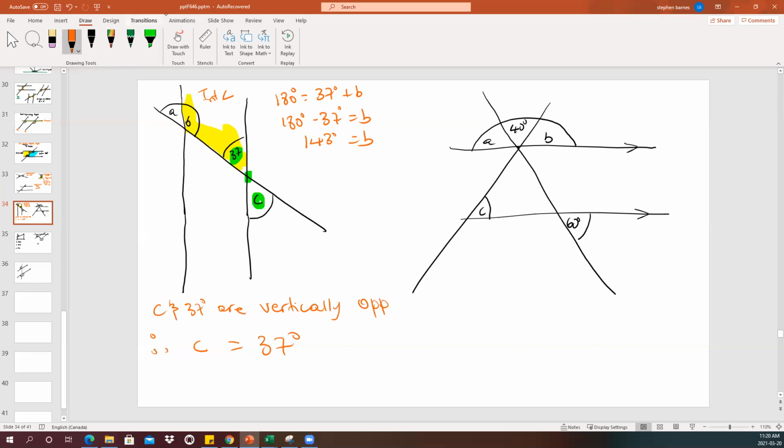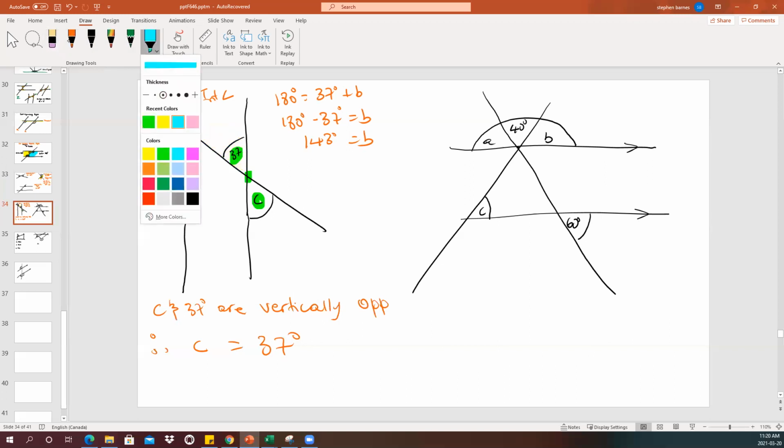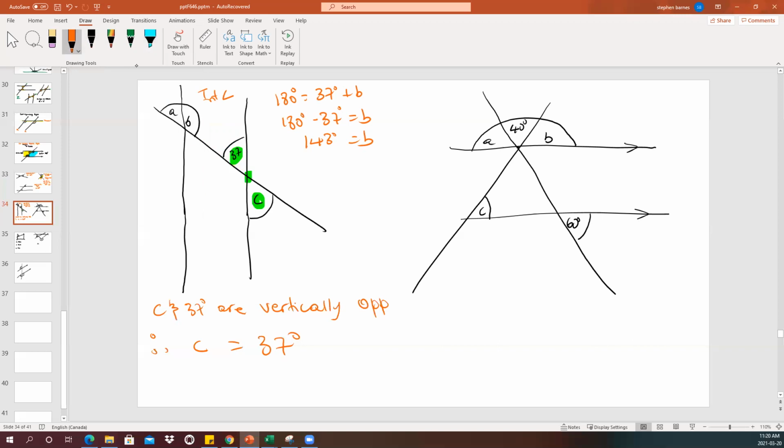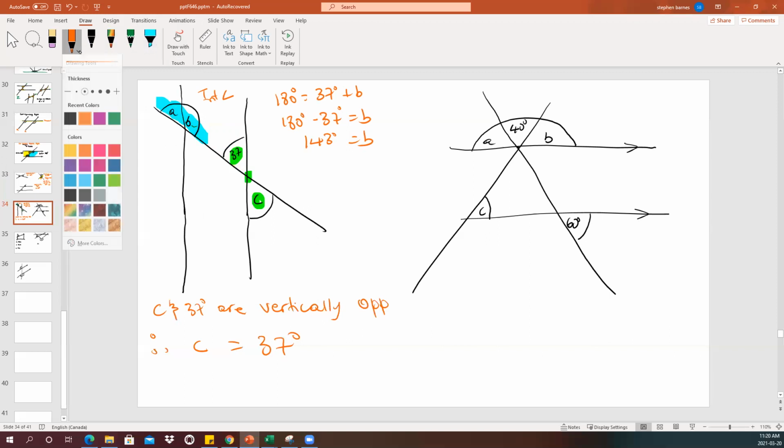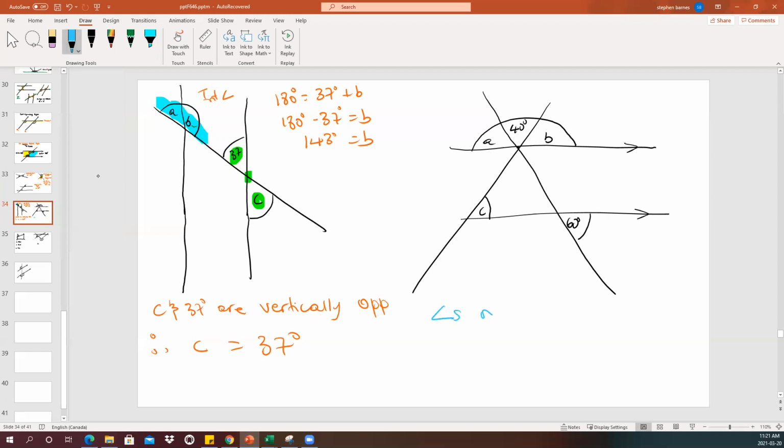We found B to be 143 degrees. Let me clean up this. And we can see that B and A lie together on a straight line, right? And so we know that angles on a straight line are equal to 180 degrees.